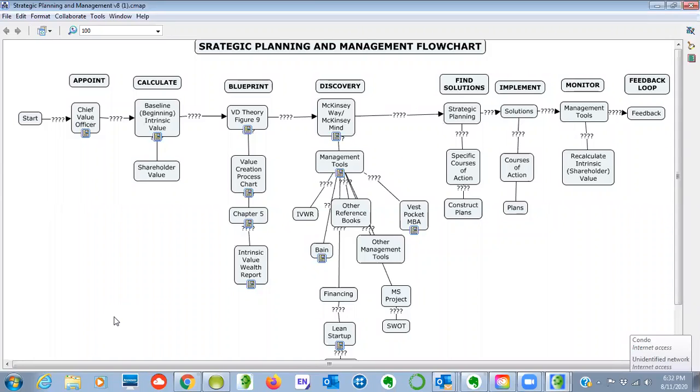But basically, the value creation process chart, which we've been talking about, which we'll look at here in a few moments, that describes, and we've spent a lot of time on it in the class, basically how value is created, which is all part of the strategic planning and management process.